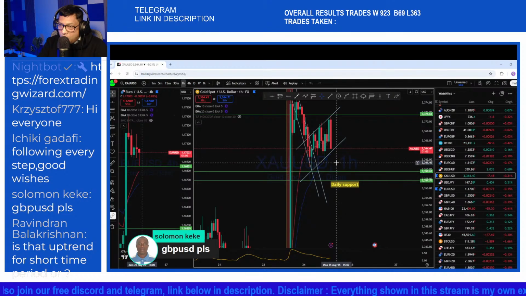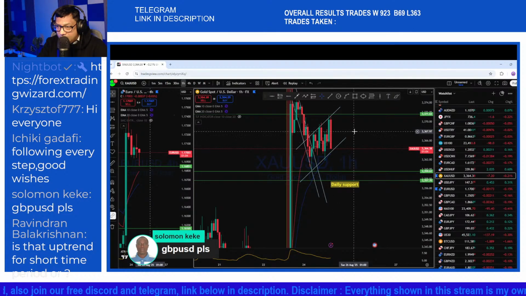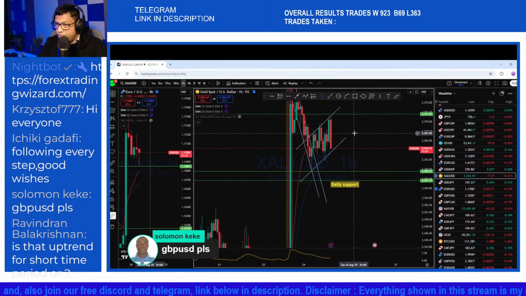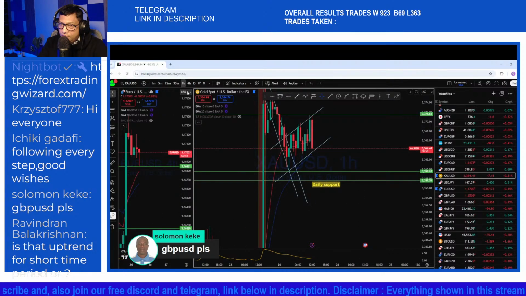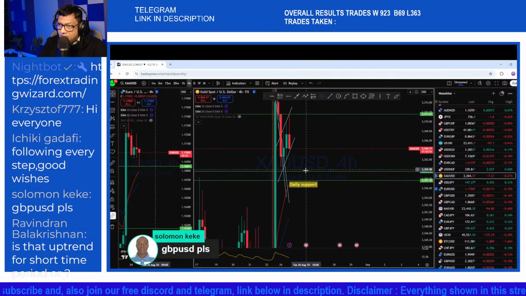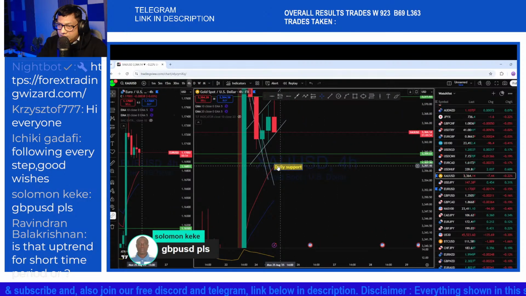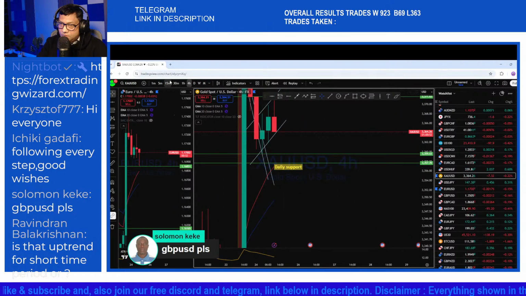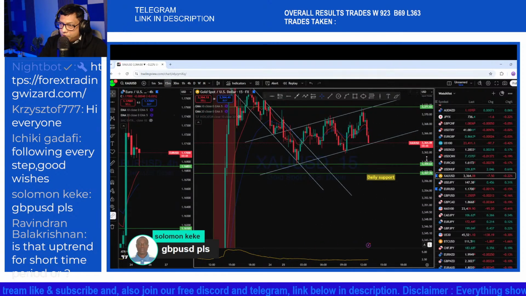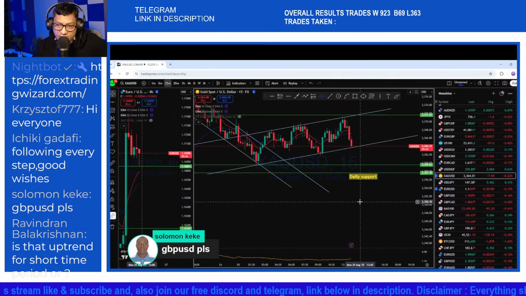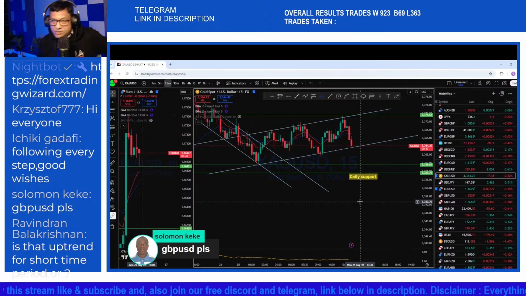The next 1 hour could be downside and then to push back again to the upside here, which is the 4 hour 10 EMA is here. So connecting the multi-time frame is very important to look at possible entry in this market.